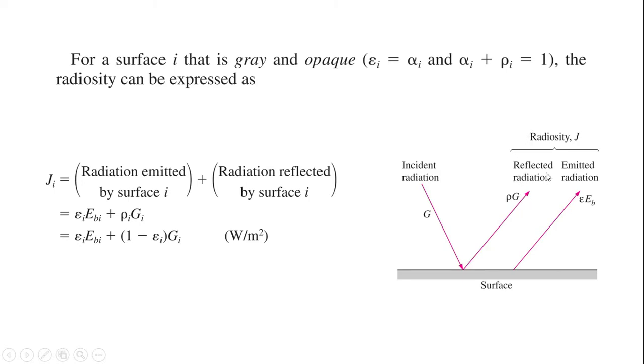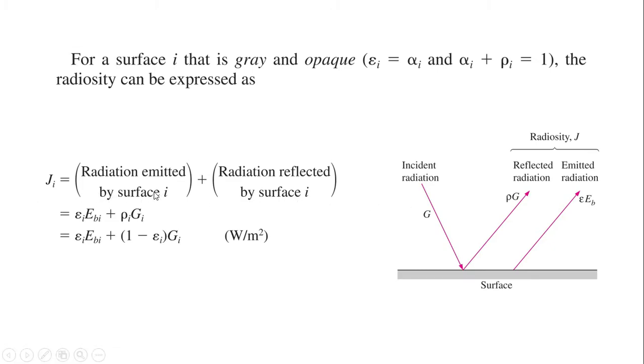The energy leaves this surface in two ways: one by the reflected radiation and one by the emitted radiation. The reflected radiation is represented by the reflectivity multiplied by the incident flux, and the emitted radiation is represented by the emissivity multiplied by E_b, which is known as the emissive power.